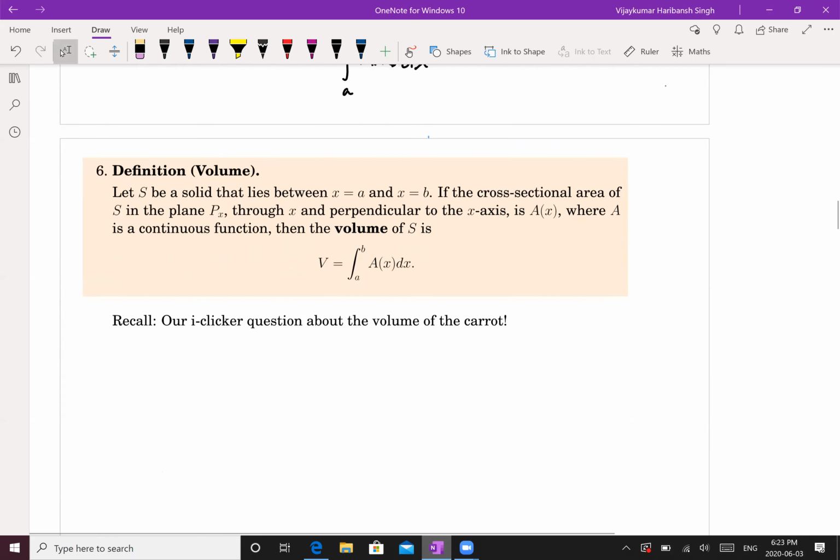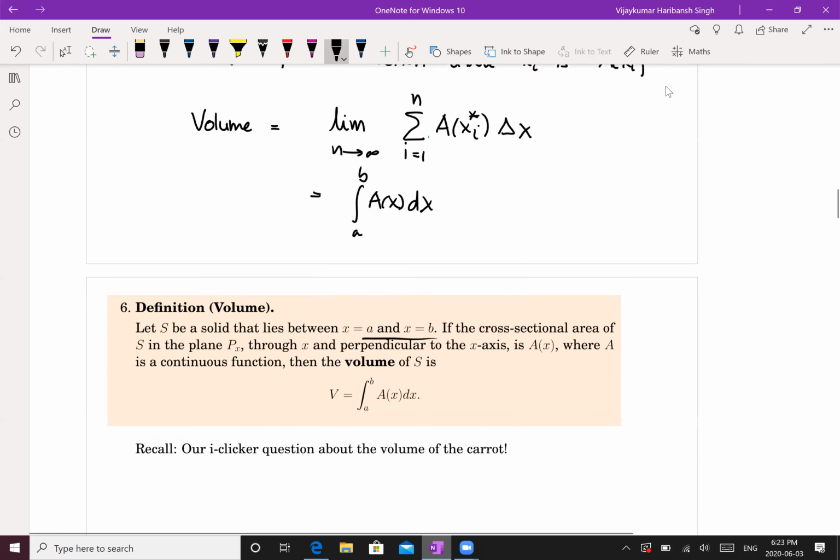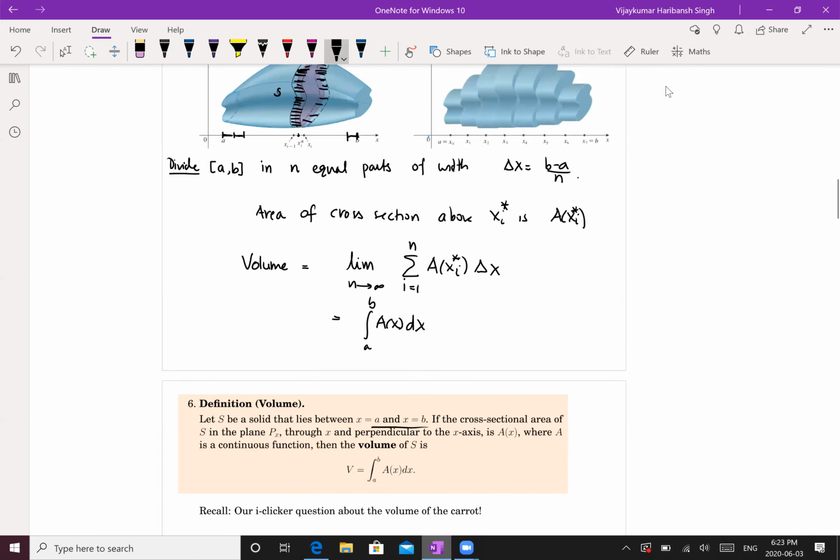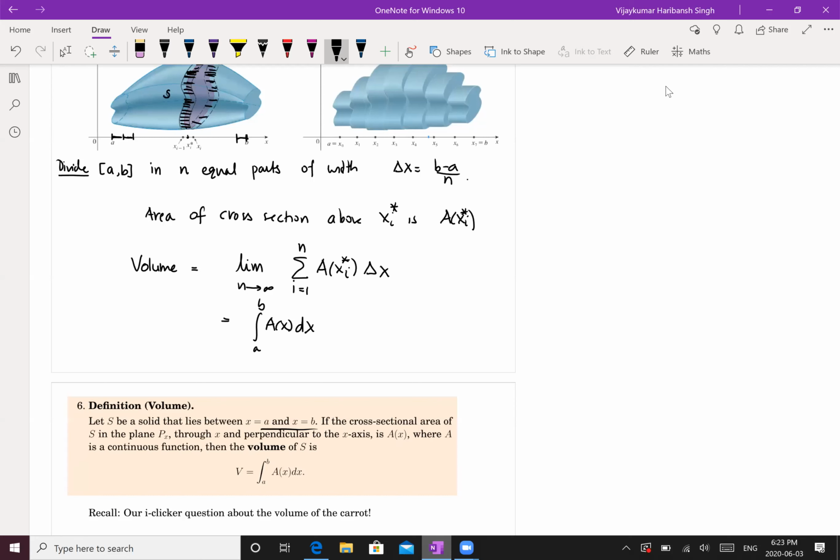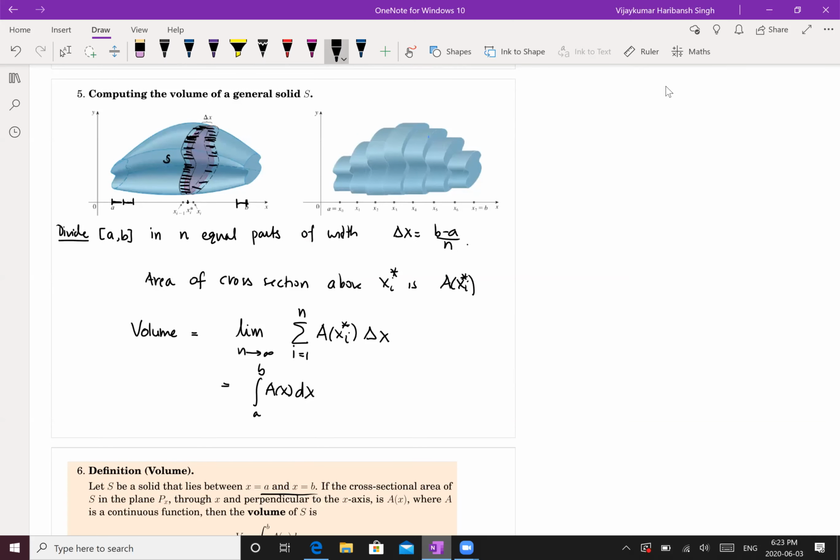So again, let S be a solid that lies above [a, b], as in this case. Now, if the cross-sectional area of S in the plane P_x, through x and perpendicular to the x-axis, is A(x), then you get this cross-sectional area.